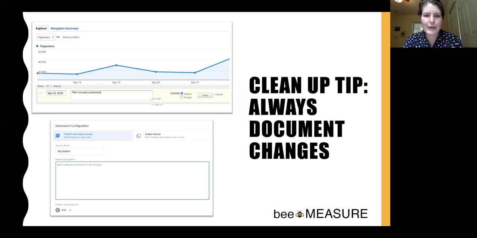Okay, so accounts and properties are different things. If you want to transfer a property, an account is supposed to be an organization. So say a website design agency created this property, and now your government agency wants to take ownership of it.